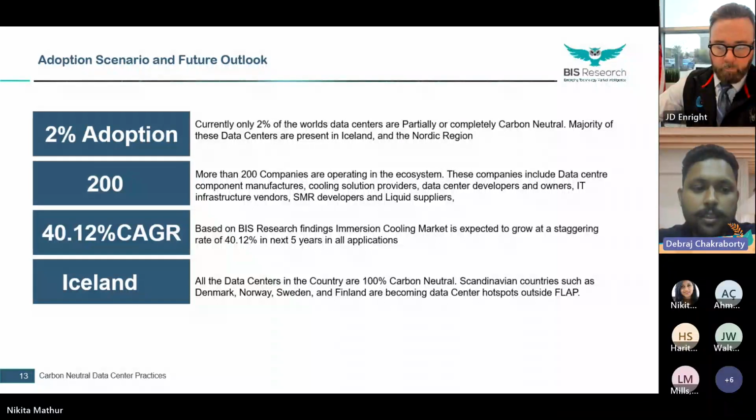We believe that there is a possibility and we expect the market to grow at 40% CAGR. We are talking about the immersion cooling market in the next 5 years. 40%, it's huge. Why? Because there are data centers that are adopting this technology at a larger pace.